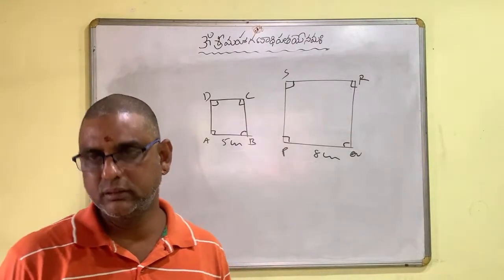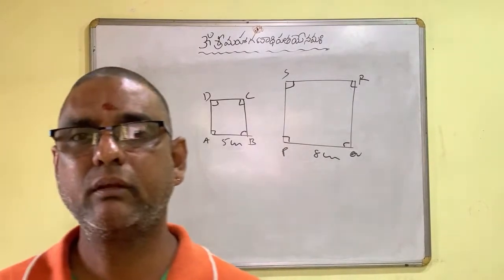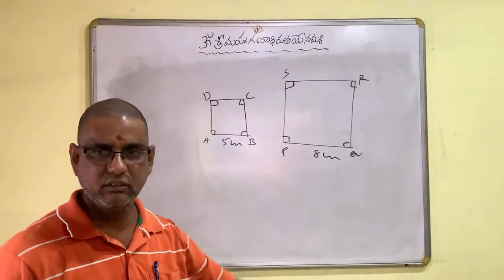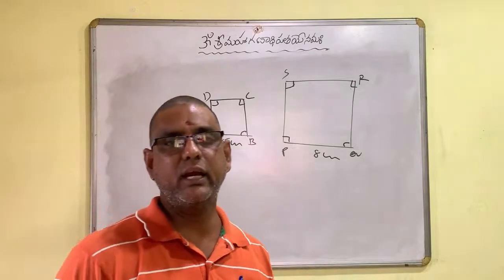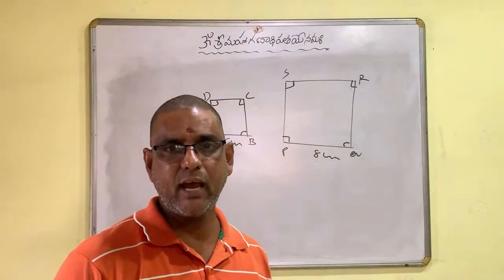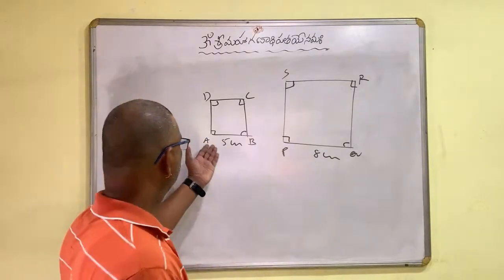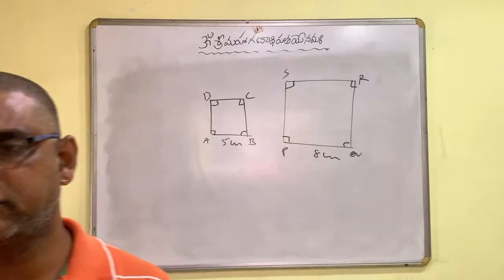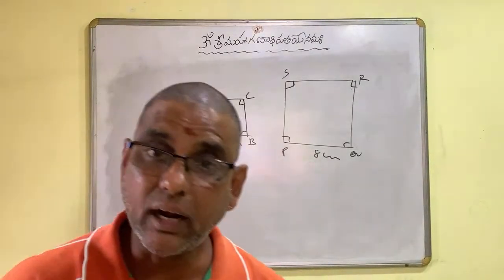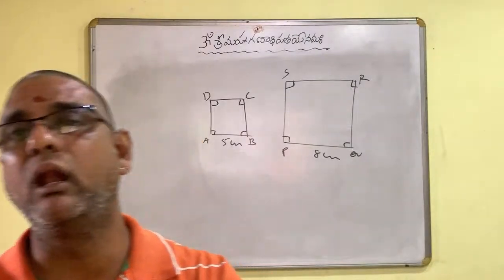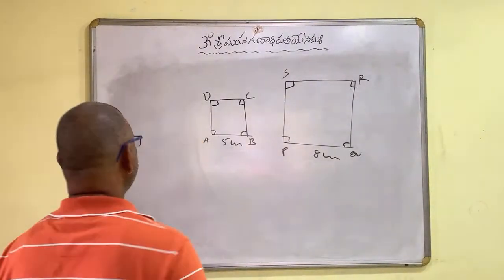Yes, they are satisfying. First condition, they must have same shape. Both are squares, same shape. Second condition, they must have same angles. Yes, each angle of both the squares is 90. They have same angles. And third condition, corresponding sides ratios are equal.